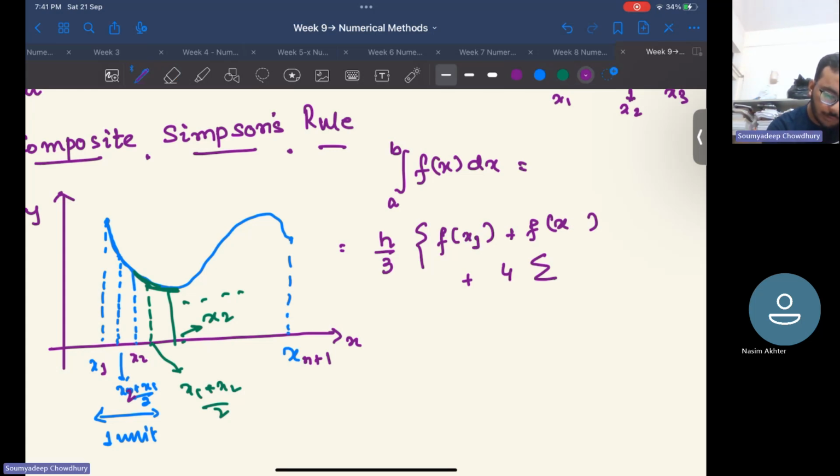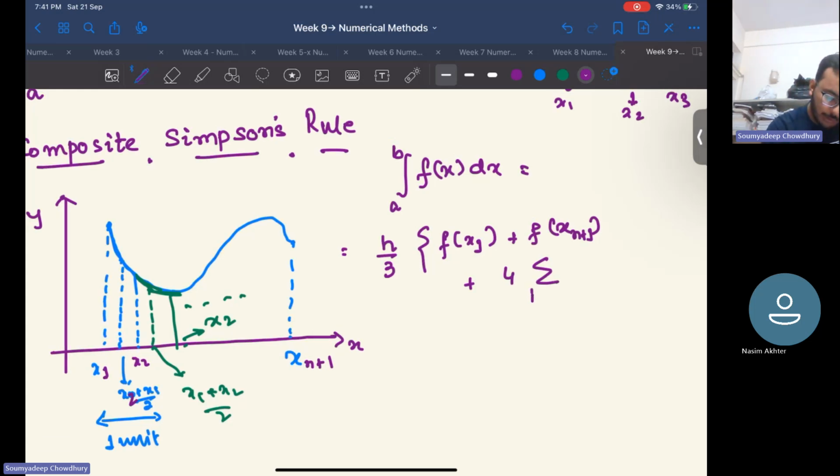F of x1 is the first and last term. Then we'll have i equal to 2, 4, 6, and so on. That is, the even terms will come here. 4 times will be the even terms and the odd terms, 1, 3, 5 up to n minus 1, will be 2 times.